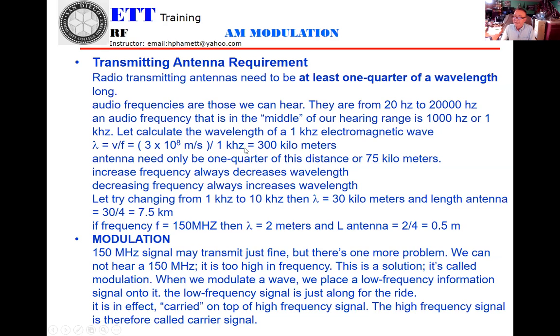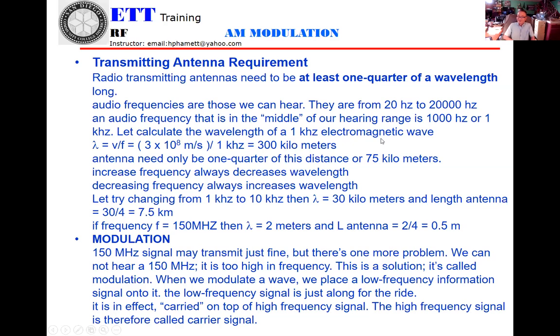Let's calculate the wavelength of a 1 kilohertz electromagnetic wave. Lambda equals V divided by F. That means 3 times 10 to the power 8 meters per second divided by 1 kilohertz. You get your antenna 300 kilometers long.